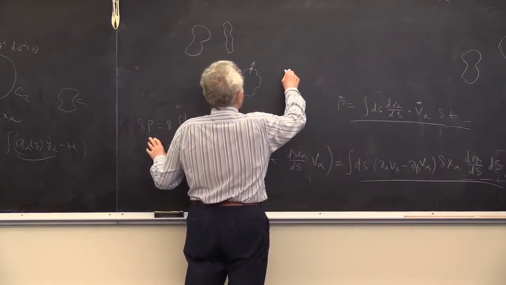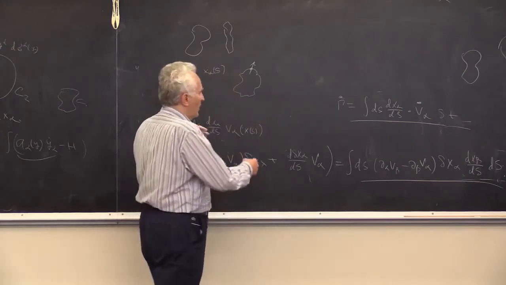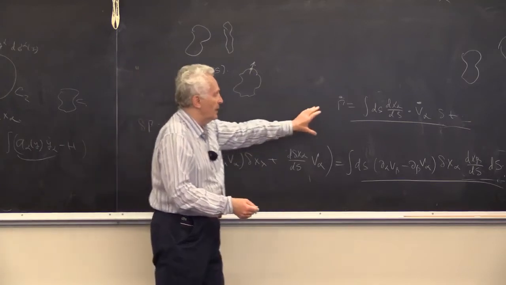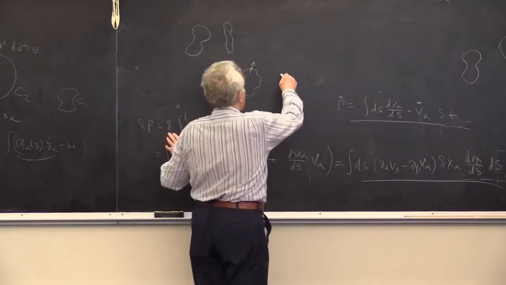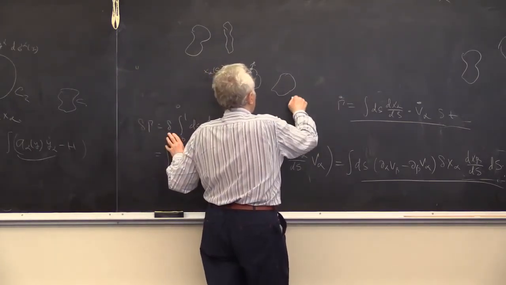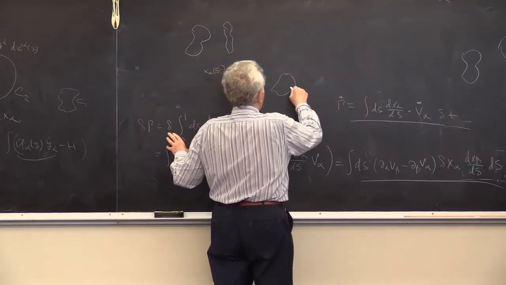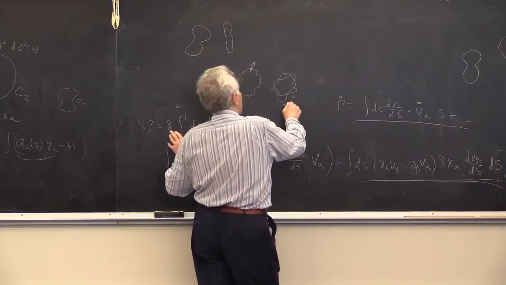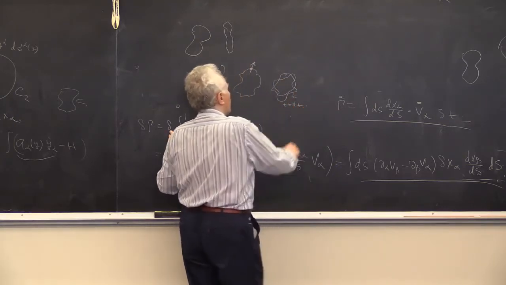But also there's another reason. You don't have to take these two reasons together because we are considering infinitesimal transformation. The other reason, if at the moment t the contour was like that, it becomes slightly different at the moment t plus dt.